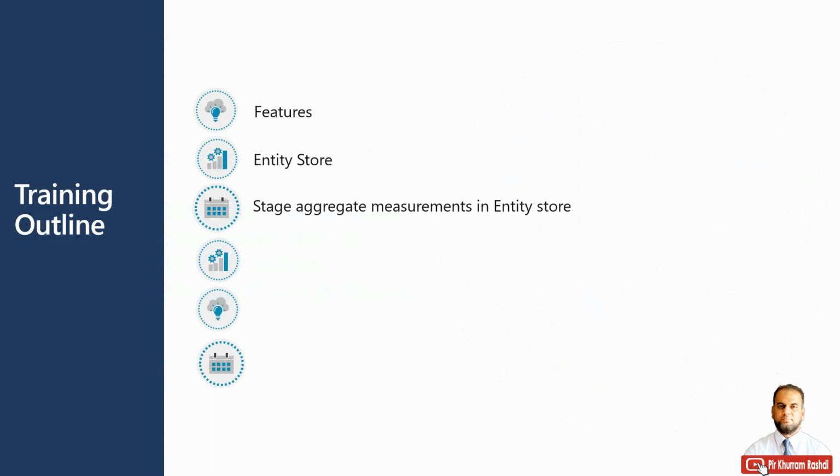Then we will also cover staging and aggregate measurements in entity store. Those measurements are basically a star schema in the data warehouse, which is called entity store, and then how to enable automatic refresh for the entity store for different measures.